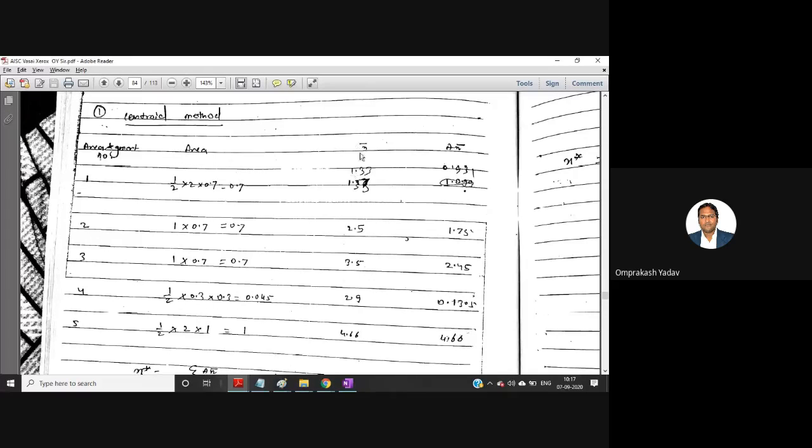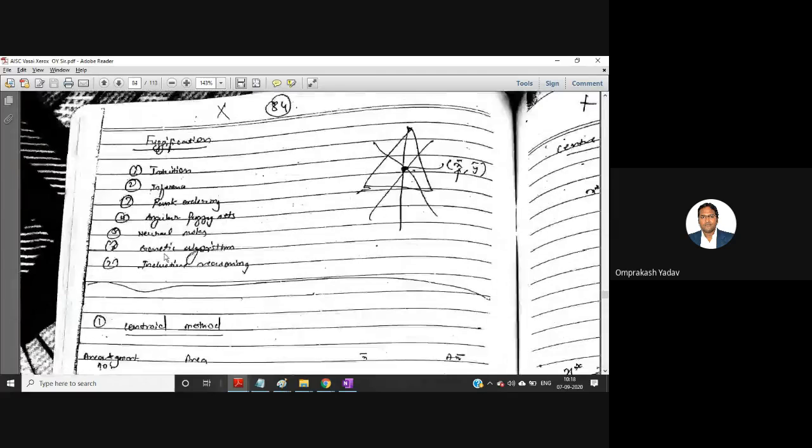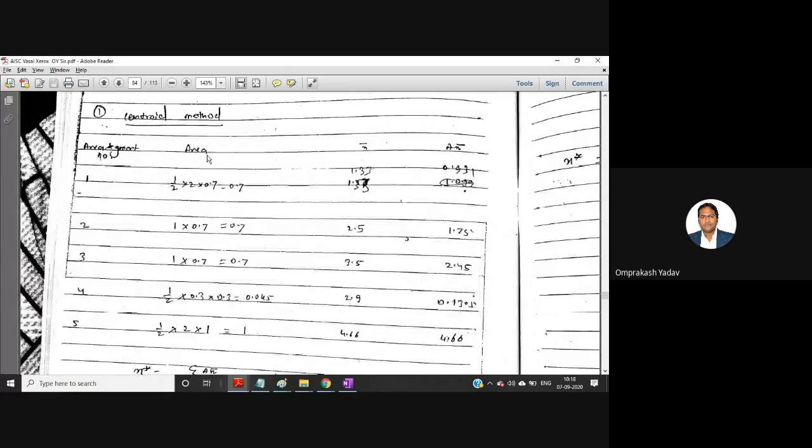The third is the x bar column, and the fourth is ax bar, area multiplied by x bar. All of you, please make just four columns.